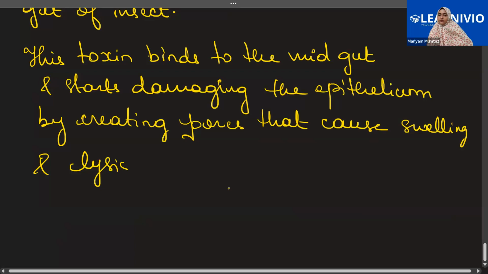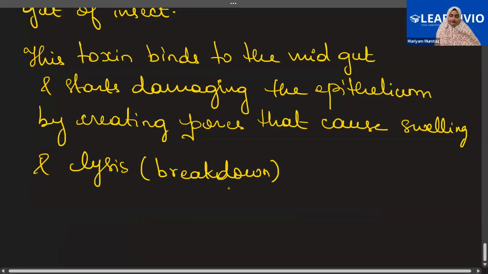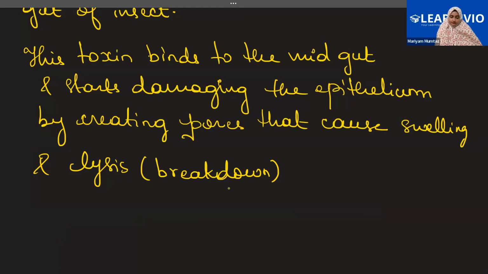You should always know this because not just in this chapter, but everywhere you will find this word. Clear, students? Yes, ma'am. Now the insect will know that it ate that particular plant and is facing all of these problems, so it does not bite that plant again. So it is a great insecticide.